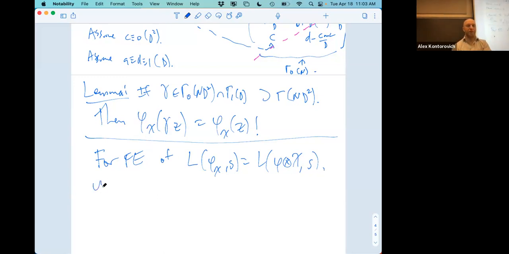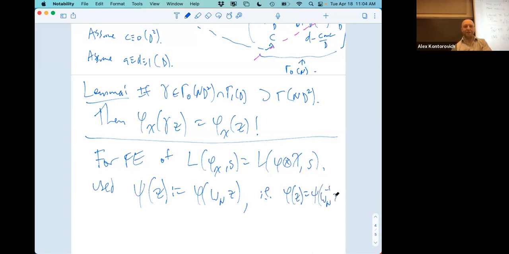We used psi of z, which was defined to be phi of wn z. In other words, phi of z is psi of wn inverse z. We stuck in this element, 0, -1, n, 0.